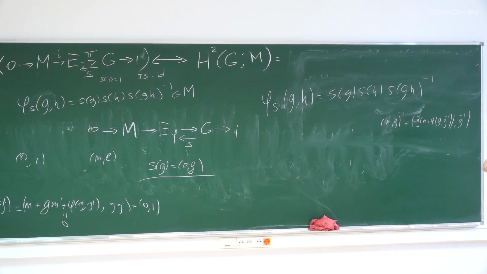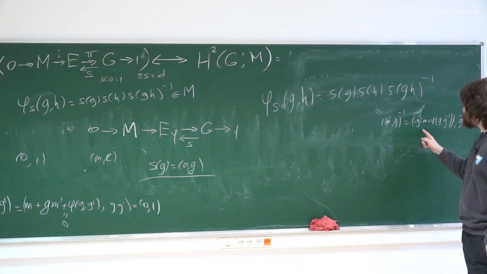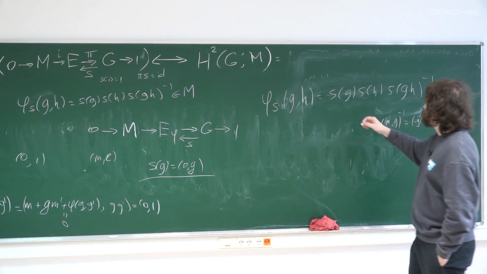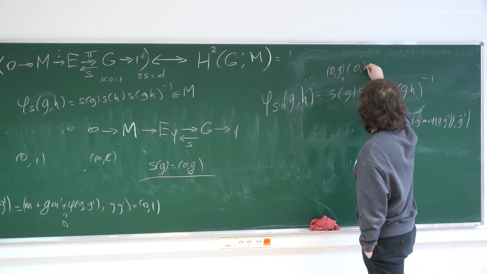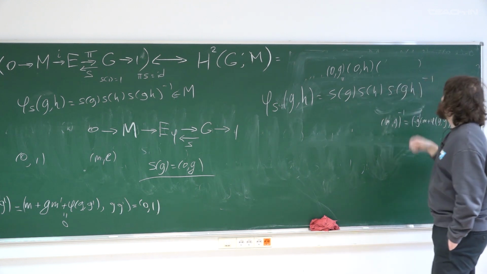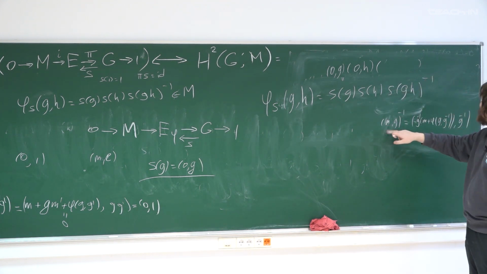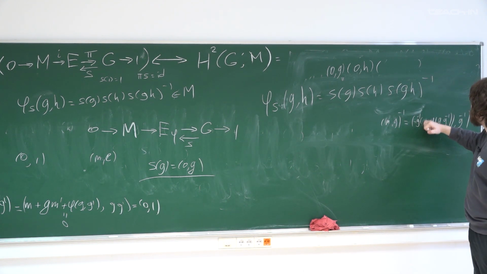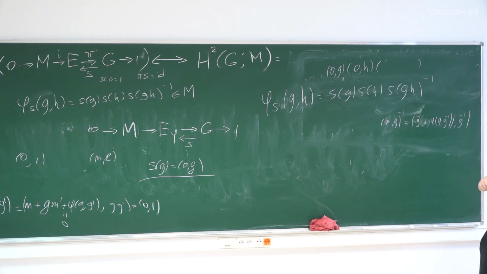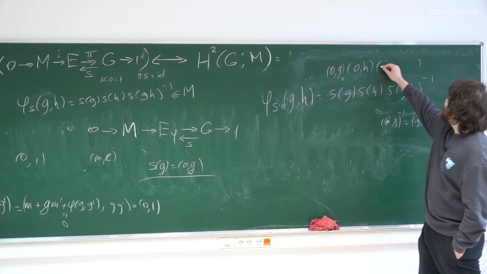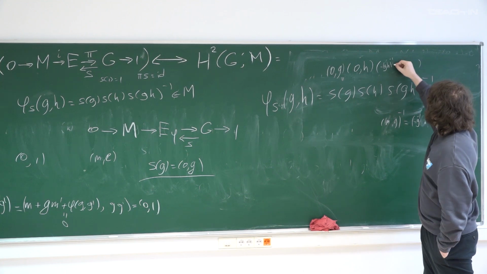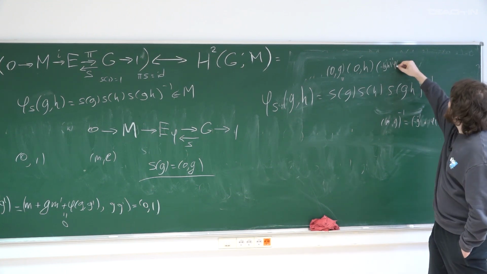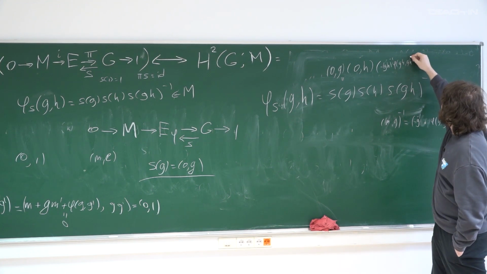Oh, maybe okay. If we have here 0g, 0h, and the inverse of 0gh, and if m is 0, then this is 0. We have such a thing: minus gh minus 1, phi of gh minus 1.